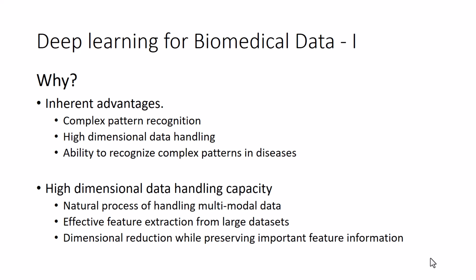The second advantage is they can handle high dimensional data. When I say high dimensional data, it is of two folds. One, a single data from a single source of large quantum. For example, EEG data from 64 electrodes placed on the human head, recorded for a period of 8 hours, let's say, at a sampling rate of 512 hertz.